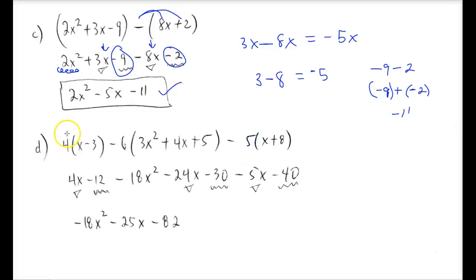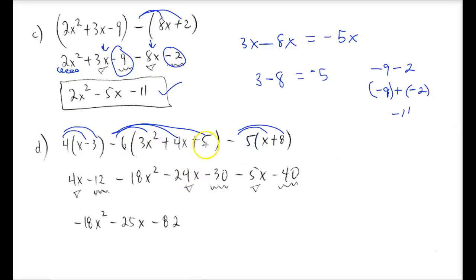For example D, we see that we need to distribute our 4 to both terms here, -6 to both terms here, -5 to both terms there. If we do that, that would give us 4x minus 12, because 4 times 3 is 12. -6 times 3 is 18, and then append the x squared. -6 times 4 is a -24, multiply that times x.